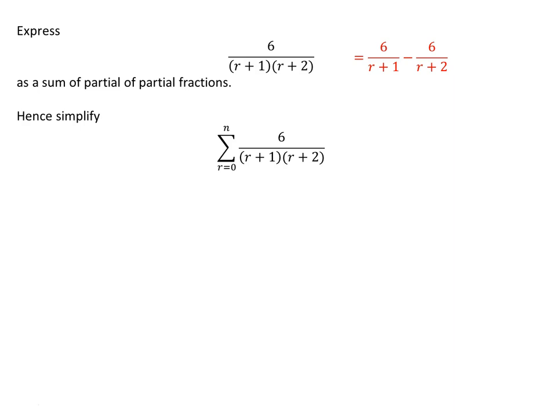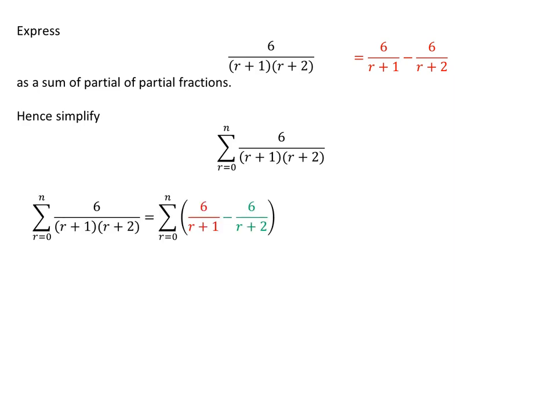We've now got to simplify the sum between r equals 0 and n of 6 over (r plus 1)(r plus 2). Now we've just found out that 6 over (r plus 1)(r plus 2) is the same as 6 over r plus 1 take away 6 over r plus 2.